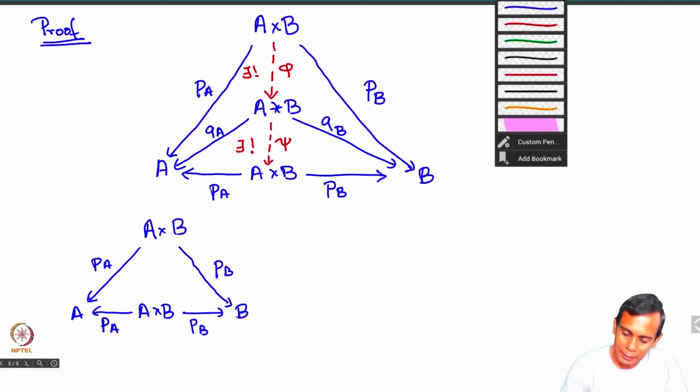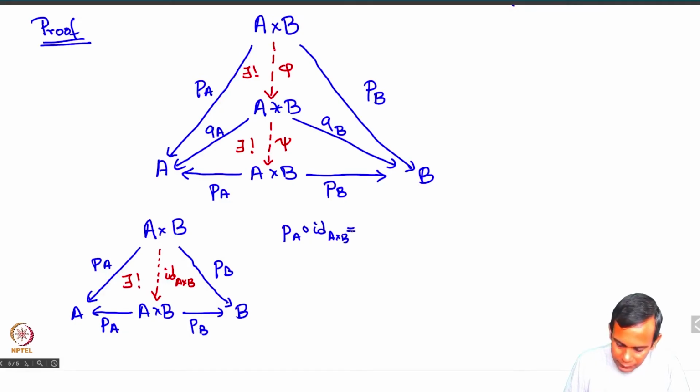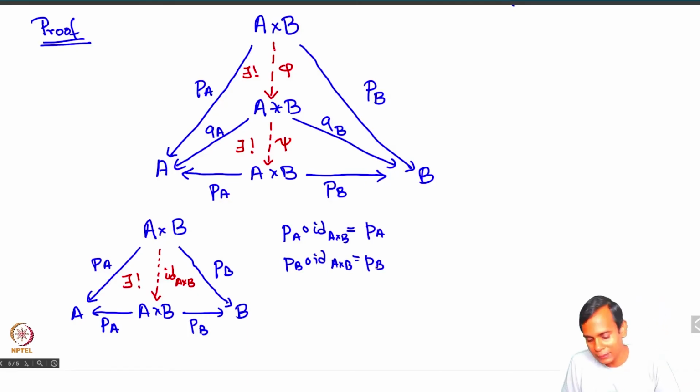So the universal property implies that there exists a unique arrow from here to here, right? Which makes this diagram commute. But if we take here the identity of A cross B, then surely this diagram commutes, right? So what we have is PA circle identity of A cross B, well, that's just PA, and PB circle identity of A cross B is PB. That's how identities work.